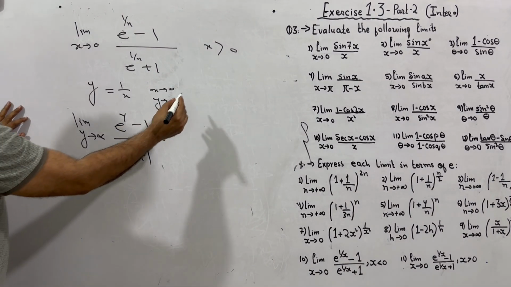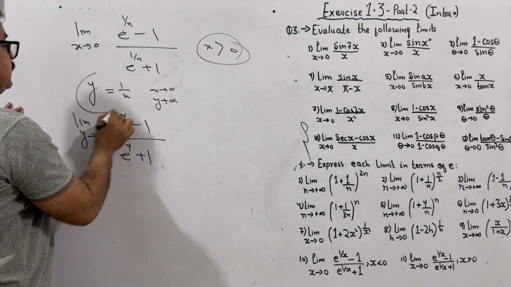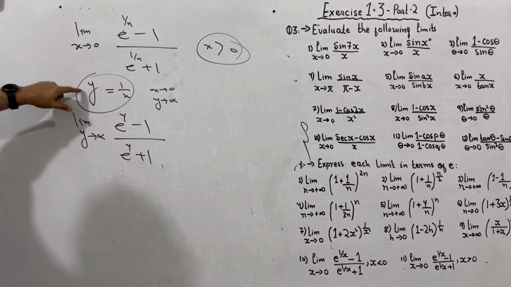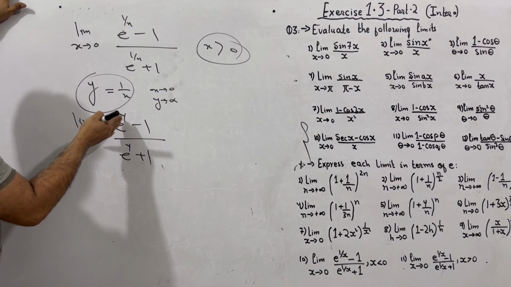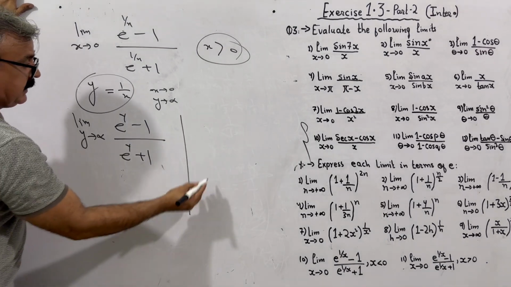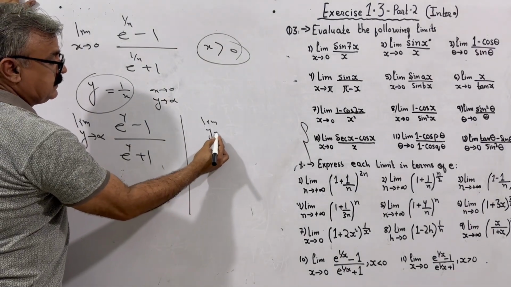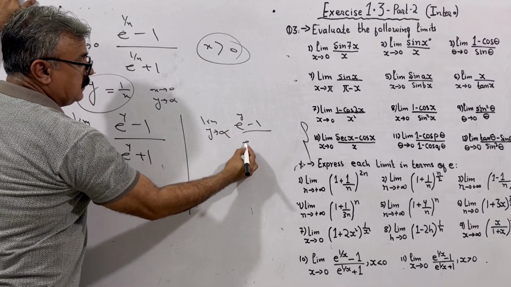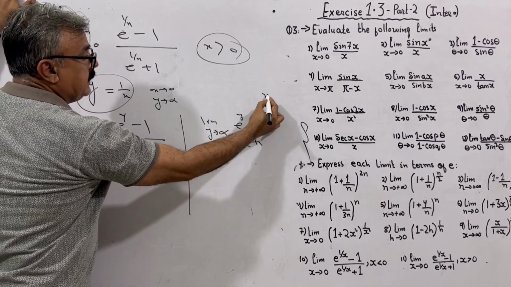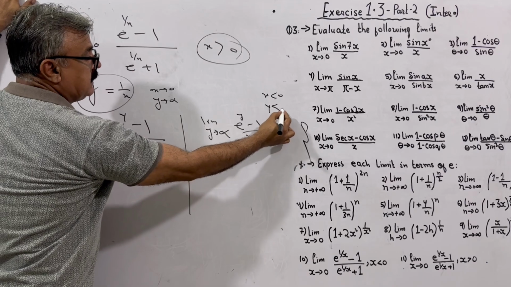Here x is positive, so y is too. So there is no need to carry y in the denominator. Unlike in that case, where x is less than 0, so y is less than 0.